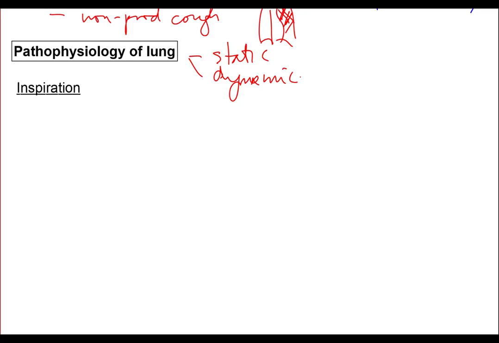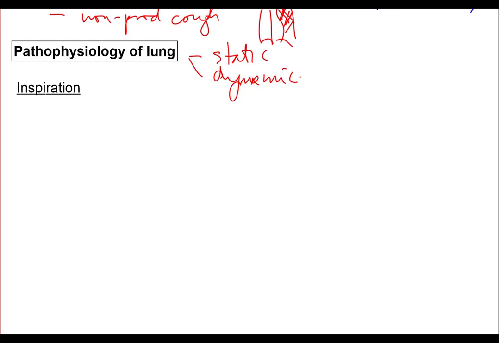But the truth of the matter is, it doesn't stick in the brain very well, and it doesn't correlate particularly well with diseases. So I think a better way of thinking about the pathophysiology of the lung is divided into inspiration, expiration, gas exchange, and then just the regulation through the chemoreceptors.